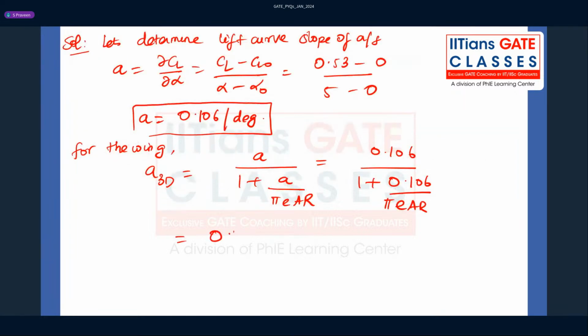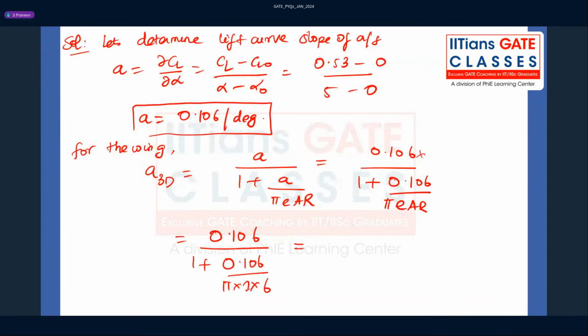So 0.106 divided by 1 plus 0.106, because it is in per degree, you have to convert everything into per radians. So multiply this by 180 by pi, simplify this, and you will get pi times 1 times the aspect ratio, which is 6.